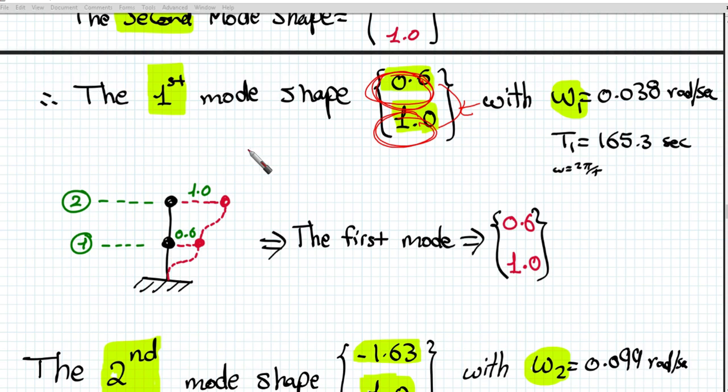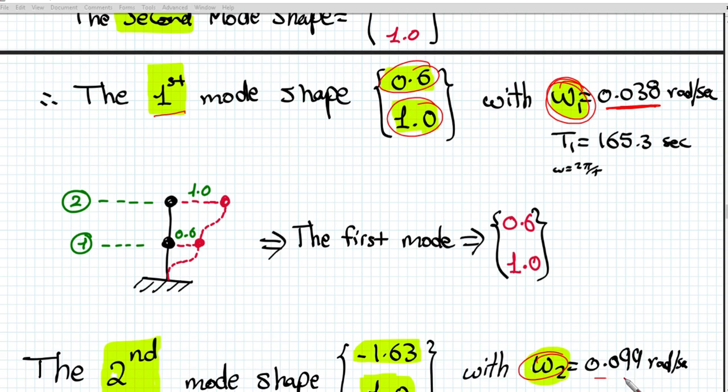Now we can conclude with that. Here we have the first mode shape. The first mode shape is 0.6 and 1 with omega 1 equal to 0.038. Remember, omega 1 is the least value of omegas. It is less than omega 2, which is 0.099. We call it the first natural frequency, circular frequency.